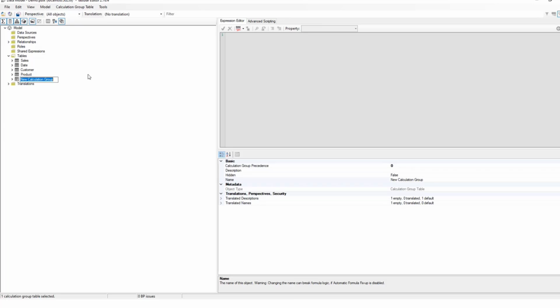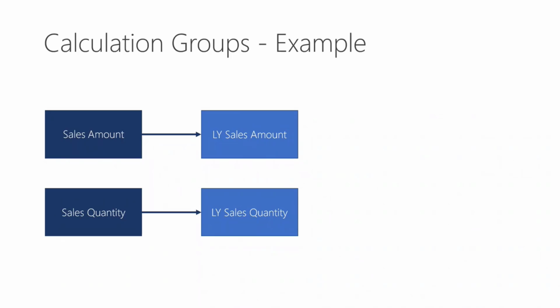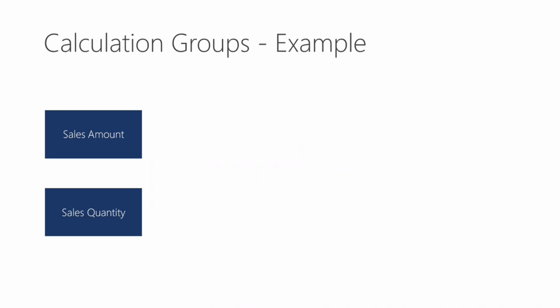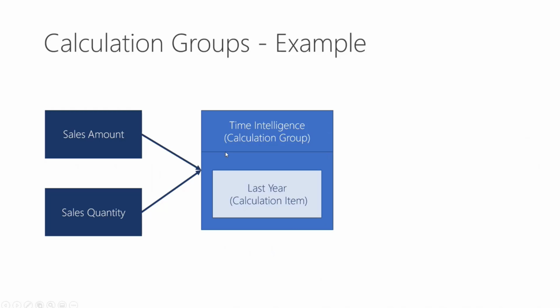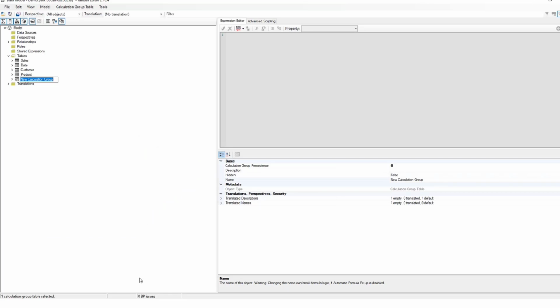The name that I would give to my calculation group, as in the example in my slide deck, is Time Intelligence, right? So my calculation group name is Time Intelligence. So I simply create a new calculation group called Time Intelligence.